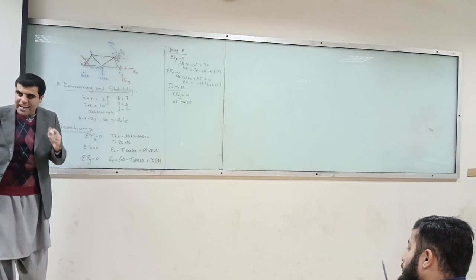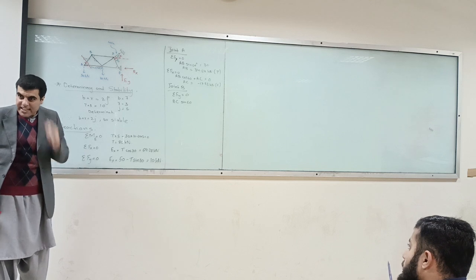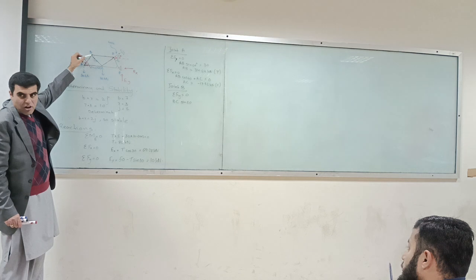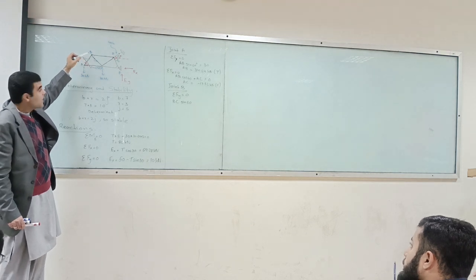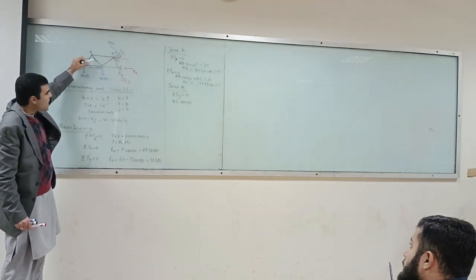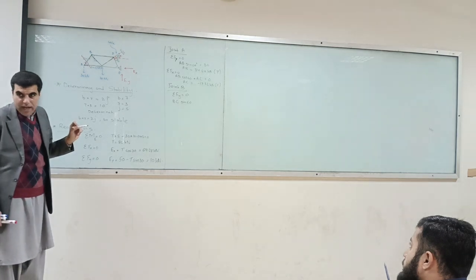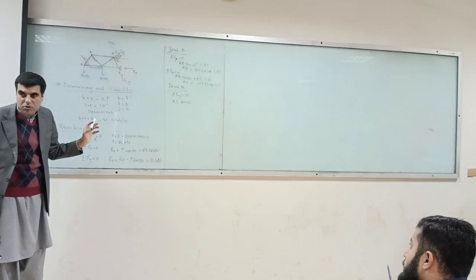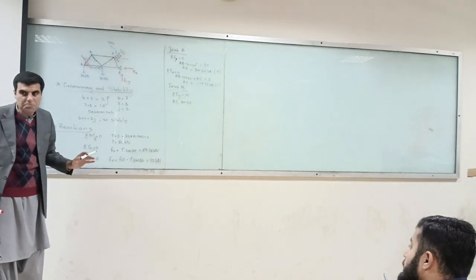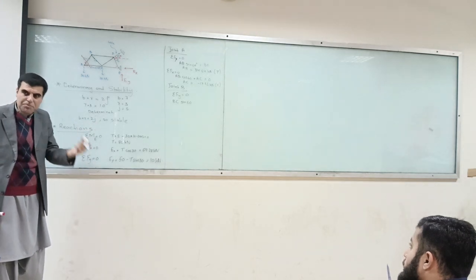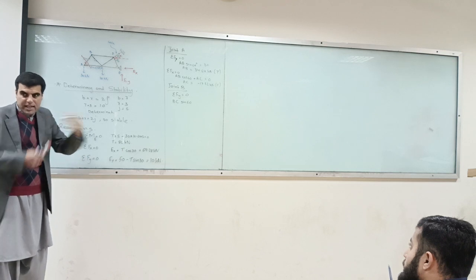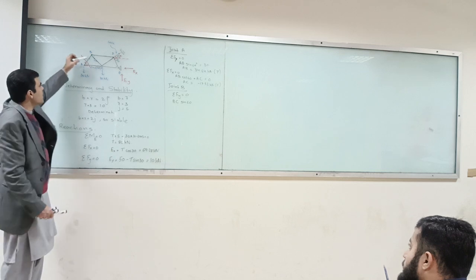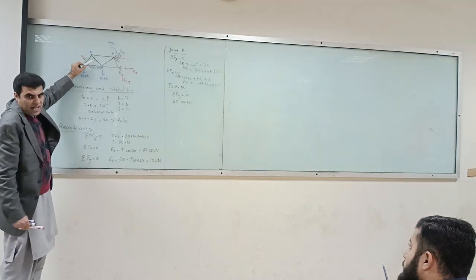So I'm always assuming it as tension, and in tension the arrows are directed away from the point of consideration. So for B, the arrows we always take as away. If this comes out negative, that doesn't mean that your Y is in this direction. We are not concerned about the coordinate system. We are not doing it in a computer. When you're doing it in software, then yes, you have to check the global coordinate system. In this case, we are doing it by hand. It's always away, and that is positive.